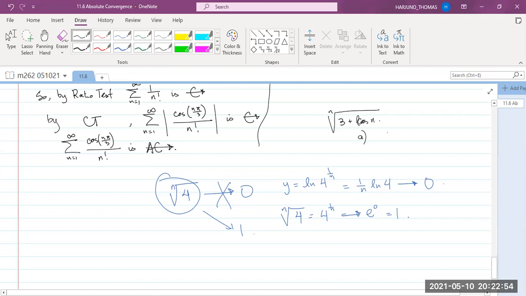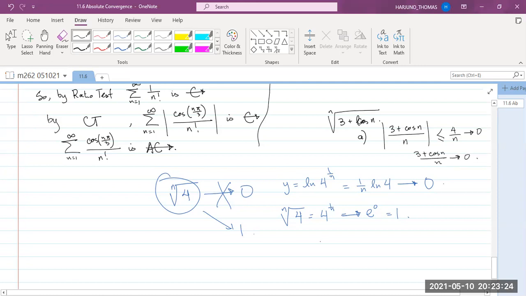In part A, the question was 3 plus cosine n over n. Most of you are correct that it is convergent to 0. All you need is to say that it is less than or equal to 4 over n, and this converges to 0, therefore the sequence itself converges to 0 by the squeeze theorem.